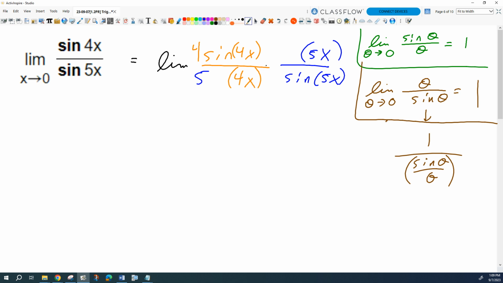Agreed? I could pull this 4/5 out front of the whole thing, right? Those are coefficients or constants. Questions?